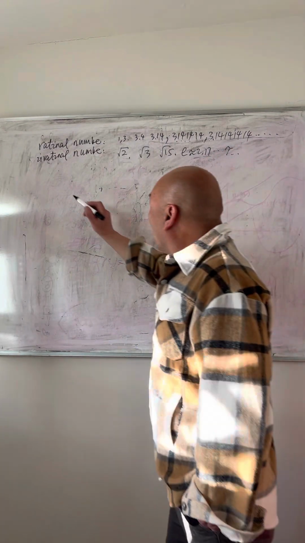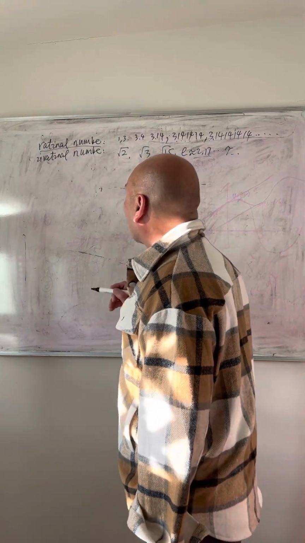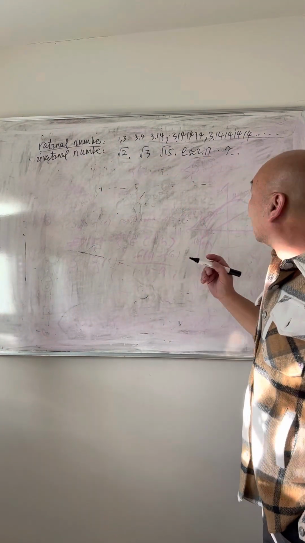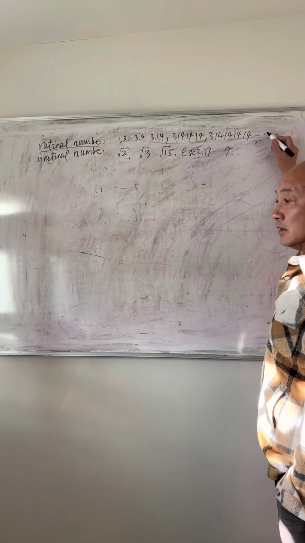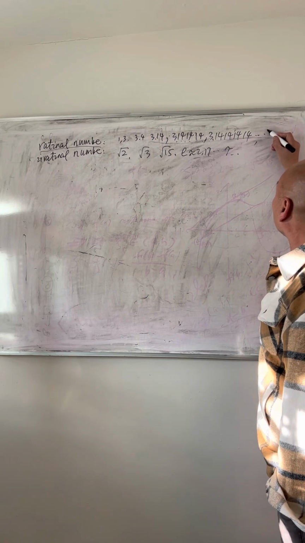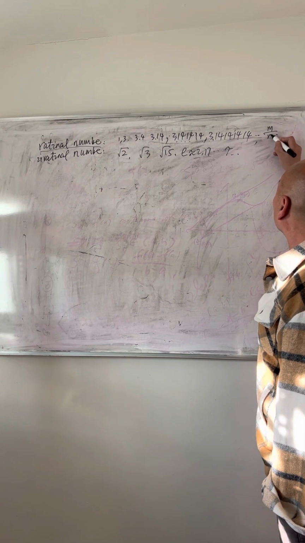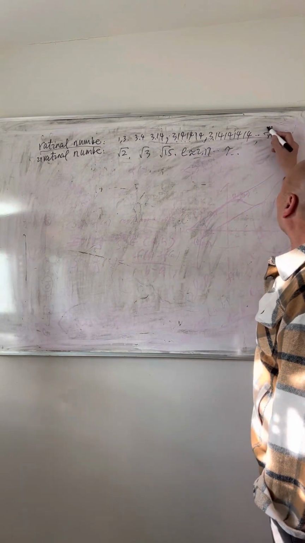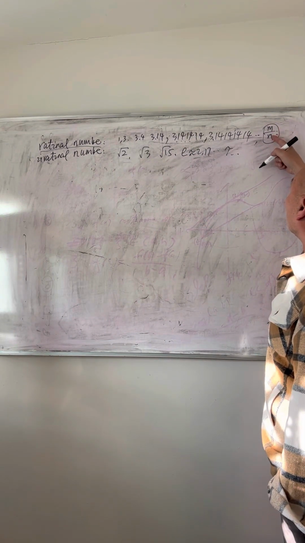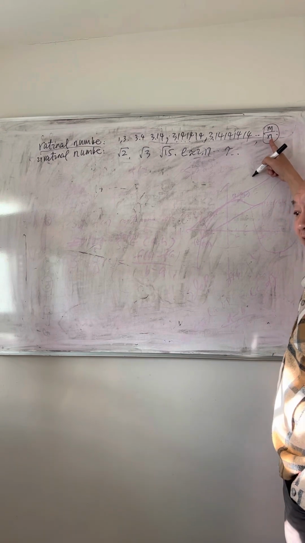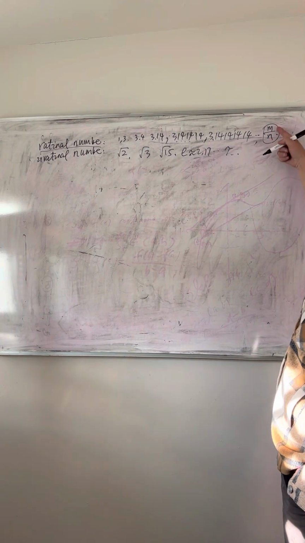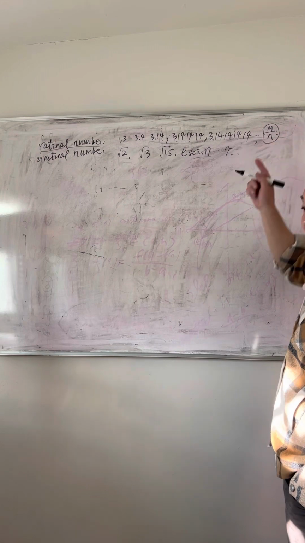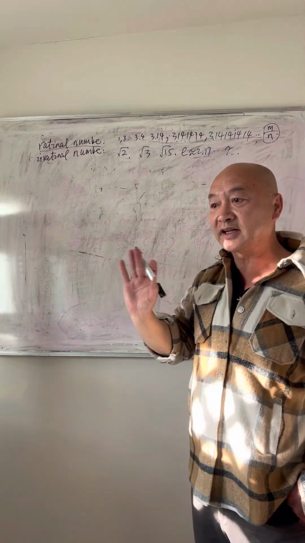We know all rational numbers can be written in fraction form, m over n. All of these you can write as m over n, a fraction form, but the numerator and denominator have no common factor, right?